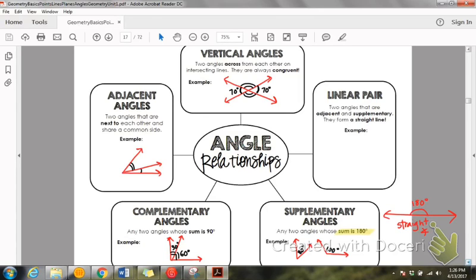The most important kind that you will deal with in this term is a linear pair. This is the one you need to know. This one and vertical angles, but more so a linear pair, because they will follow you forever. A linear pair are 2 angles that are adjacent, so they're touching. They have a common side, and they are supplementary, and they make a straight line. So this is an example of a linear pair.